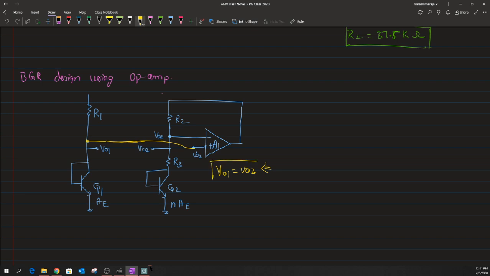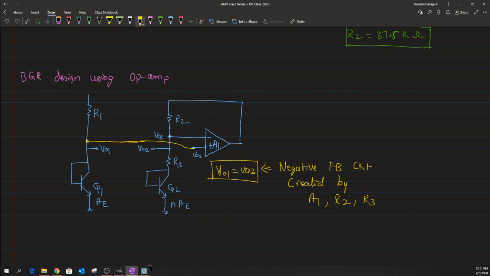This requirement is basically provided by the negative feedback circuit created by the op amp and the R2 and R3 resistor combination. All of these things will ensure that our VO1 is exactly equal to VO2.